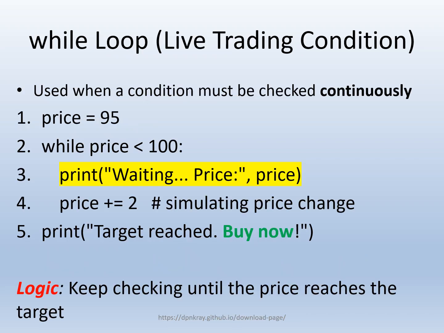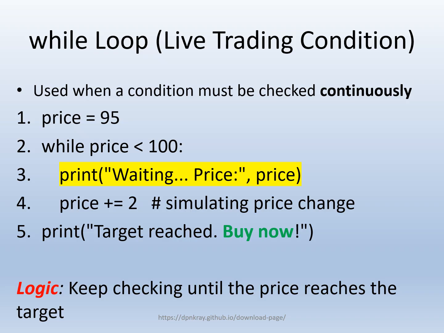Then comes the while loop, that is for live trading conditions, used when a condition must be checked continuously. For example, if price is 95 and you want to check when it goes beyond 100, we can write: while price less than 100, print wait, else print target reached.